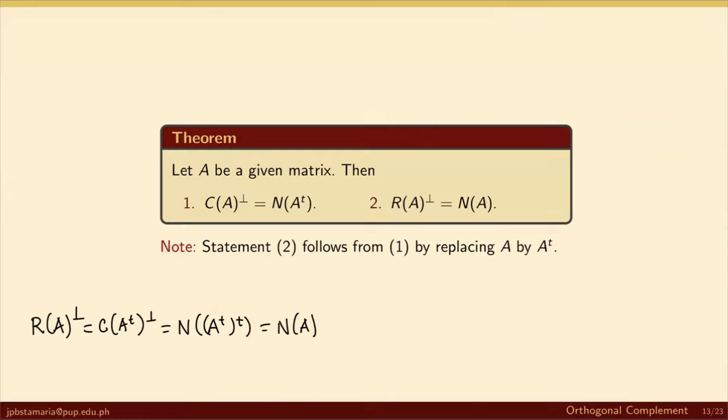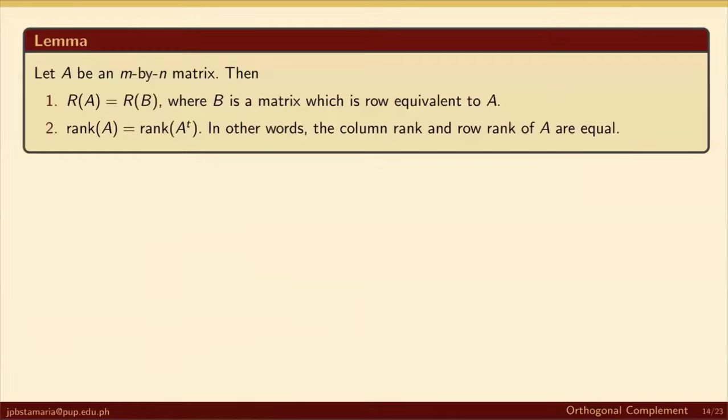Now, we're going to talk about some more properties of orthogonal complements, but in order to establish those properties, there are some things that we need to explain first as lemmas. First of all, let A be an m by n matrix.